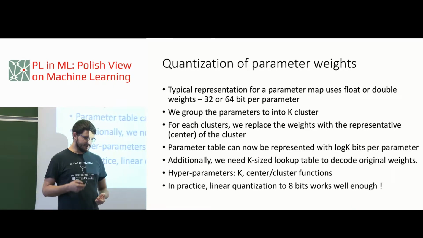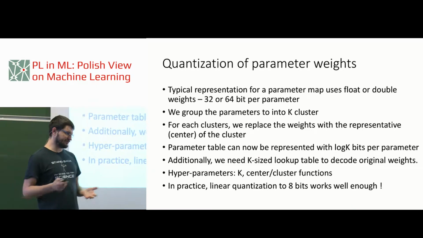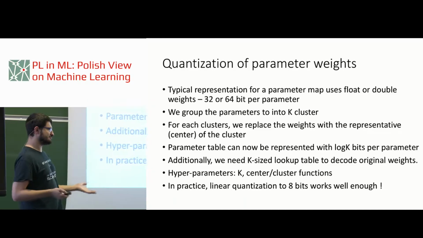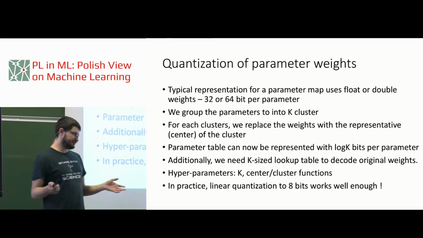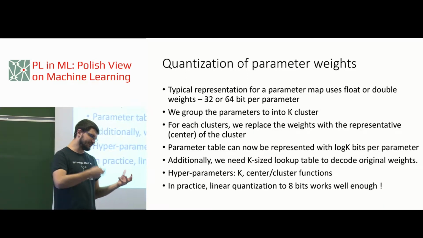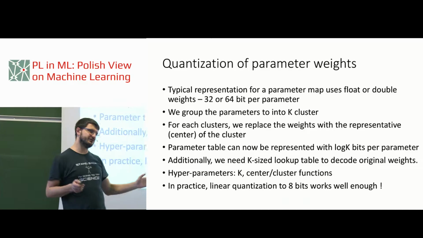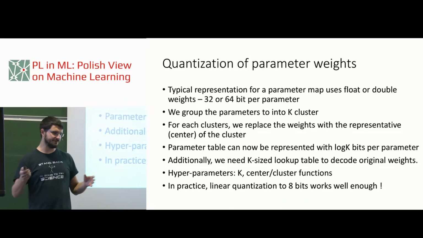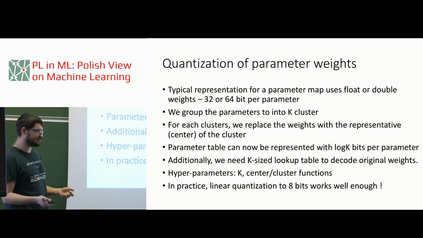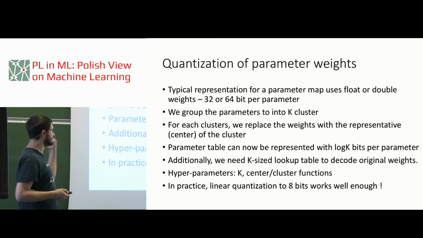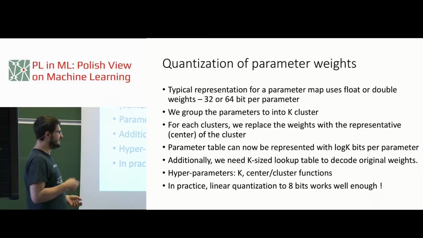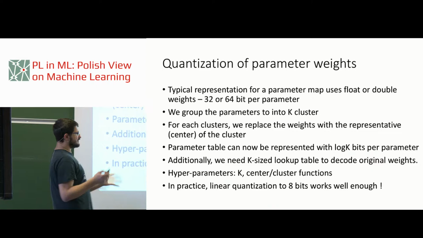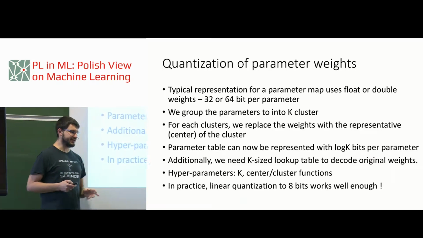What we were experimenting with was clustering that into some K clusters. If you do this, you can keep the rest of your inference process and just replace the weight of any member of the cluster with the centroid, or whatever algorithm you devise for representation of the cluster. And everything worked approximately the same.